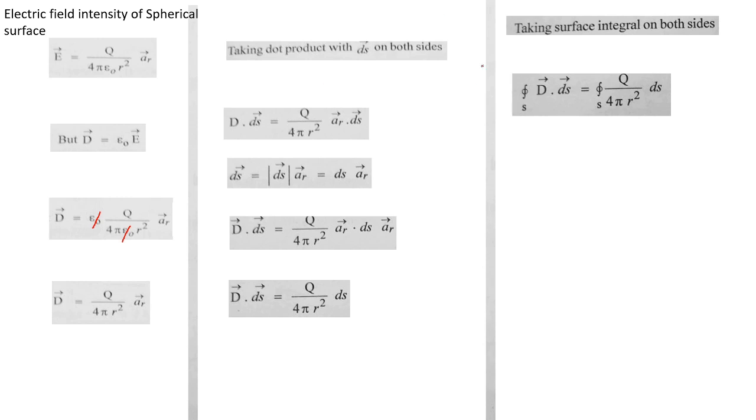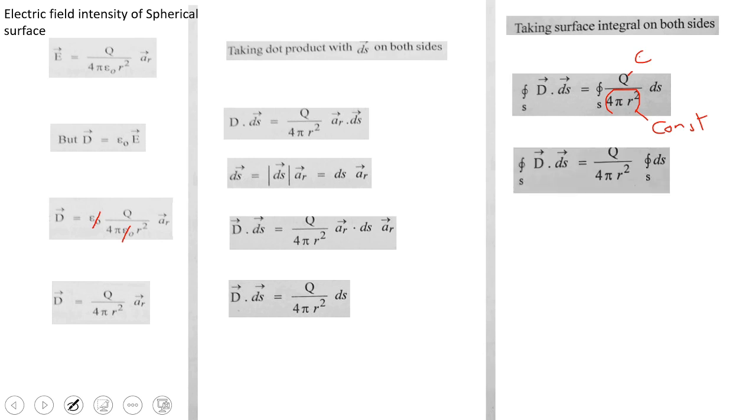Now in this equation, Q is a constant, and 4 pi R square, all these terms are also constants. When you integrate, constants can be taken outside. So we get Q by 4 pi R square outside, and the surface integral of ds.